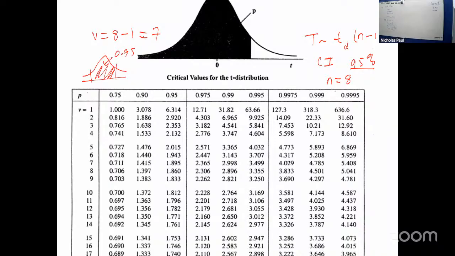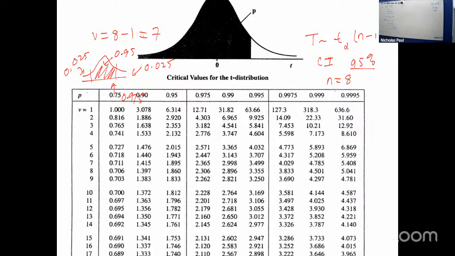So it makes here 0.025, and here 0.025. So the value that we really have to read off for is 0.975, just like what you did when it was normal.